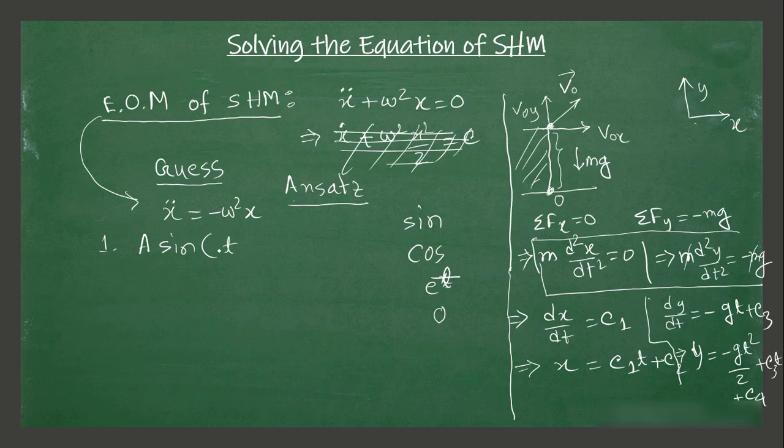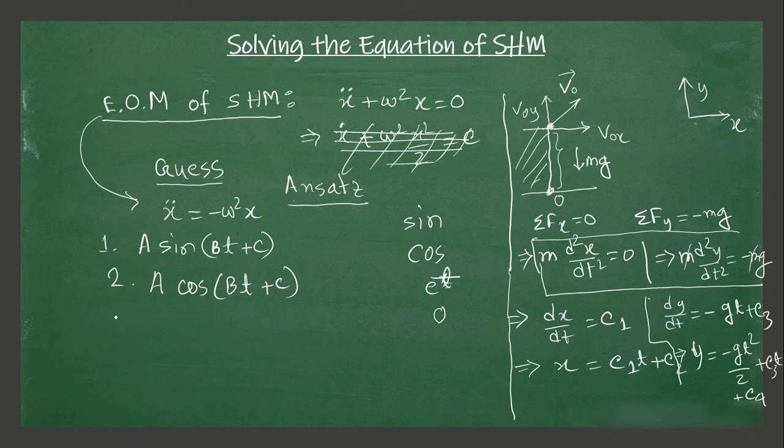So time, maybe we can have some constant in front of that plus a constant too. So this is a more general solution which involves the sine function. Again, we can write down a similar solution by using cosine. So we'll have a constant again, cosine of another constant times time plus c.